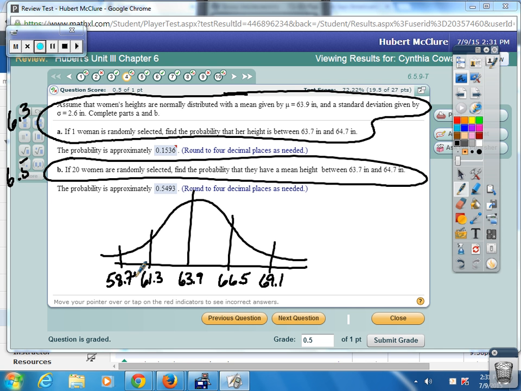64.7. 63.7 and 64.7. So we have to change these 63.7 and 64.7 into what? That's right, class.